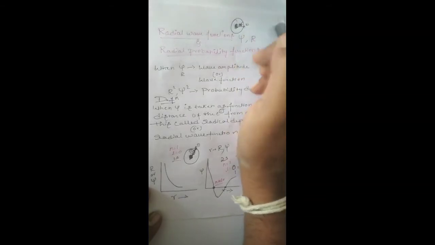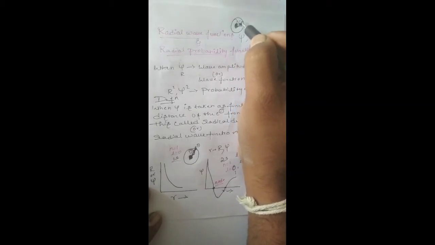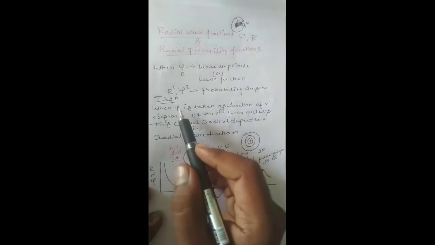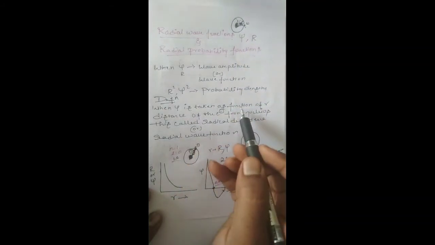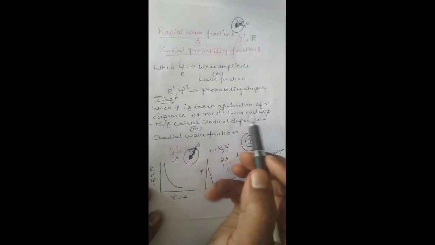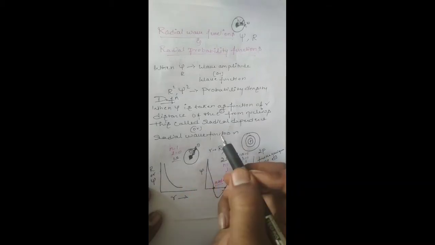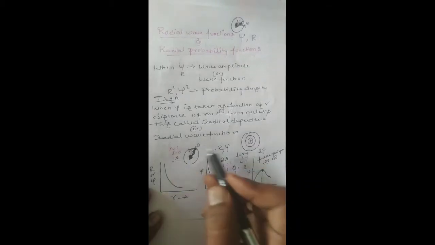The distance between the electron and nucleus is R. Its function, small r function, is psi. When psi is taken as a function of R, the distance of the electron from the nucleus, it is called radial dependence or radial wave function.